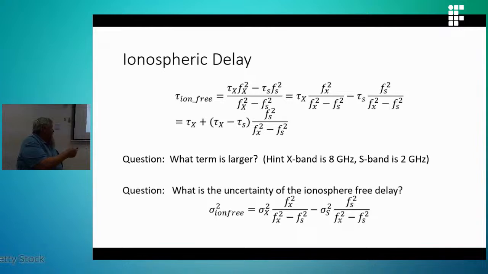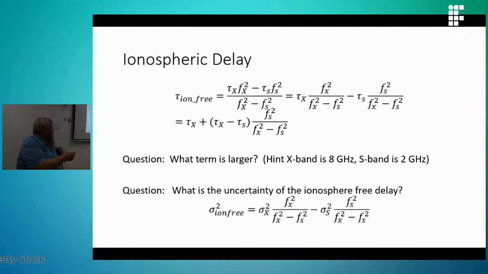The other thing I can do is I can say, I have this ionosphere delay, but it's a function of the X-band and the S-band delay. And both the X and the S-band delay have some kind of measurement error in them. So then the question is, what is my measurement error of this combined product? Using the stuff that we did earlier, this should be a plus sign there.